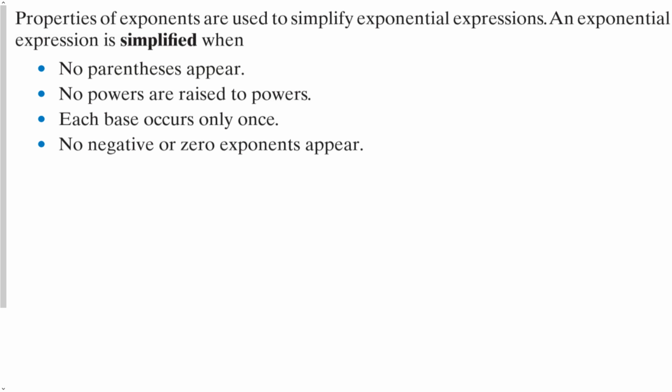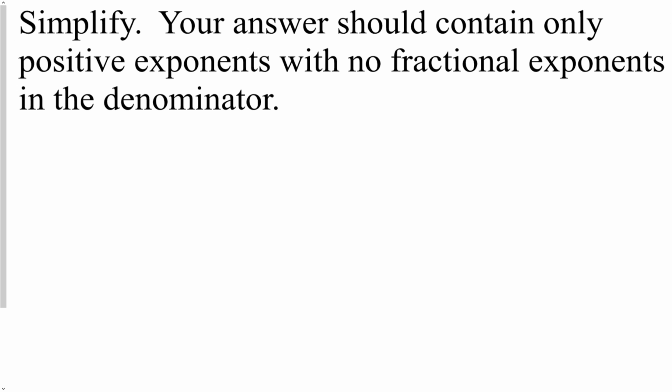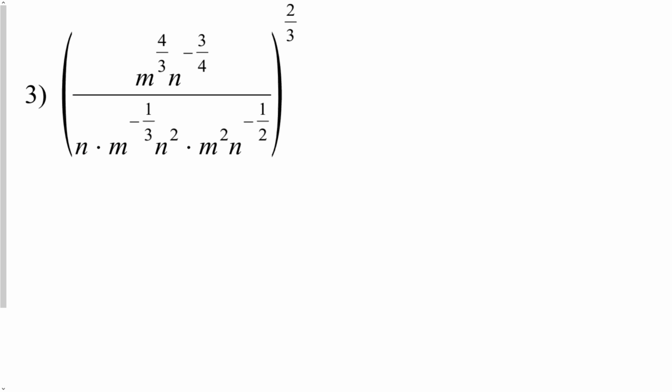I know I am simplified when I have no more parentheses, no powers to powers, each base occurs only once, and no negative exponents and no zero exponents appear. After I simplify every expression, I also must decide if I have to rationalize the denominator. No fractional exponents in the denominator. So if I have to, I'm going to have to rationalize.